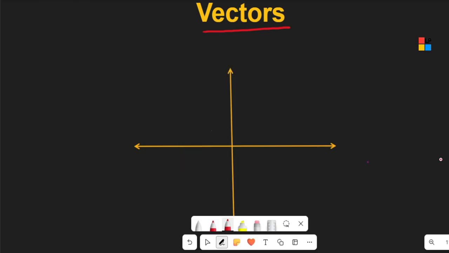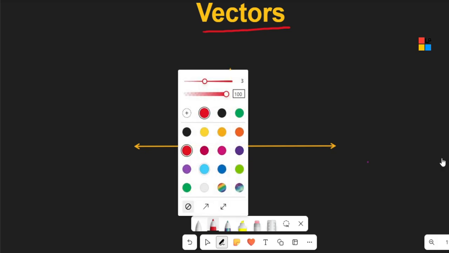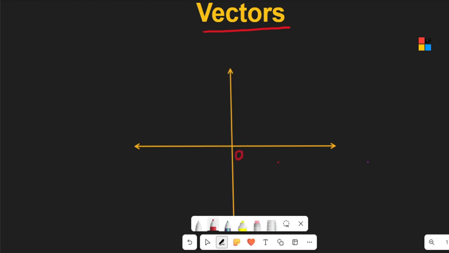Let's see this one. So this is the origin, and let's say these are the points 1, this is 2, this is 3, let's say this is 4, and it will continue obviously.